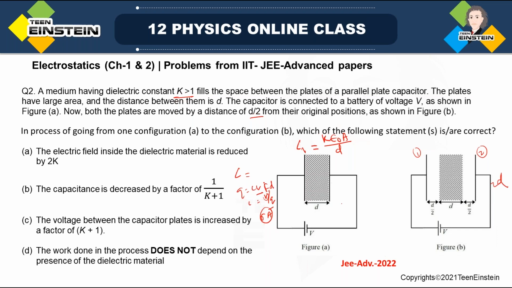If we go with that, first of all we have to find out the potential difference across this, and across this, and then separately I have to calculate the field for each of them. Obviously the field will not be the same here and here, because there is dielectric material over here, so the field will be less than here.